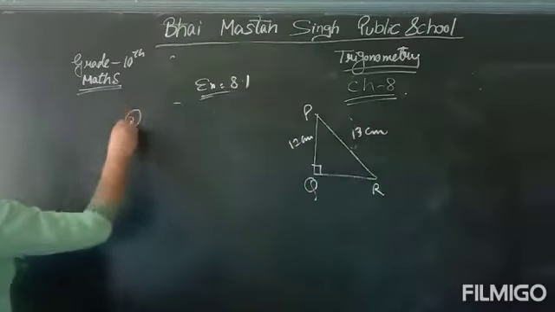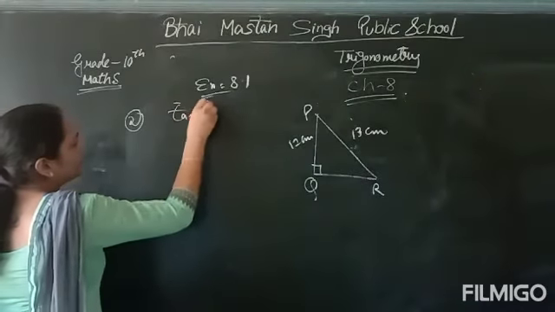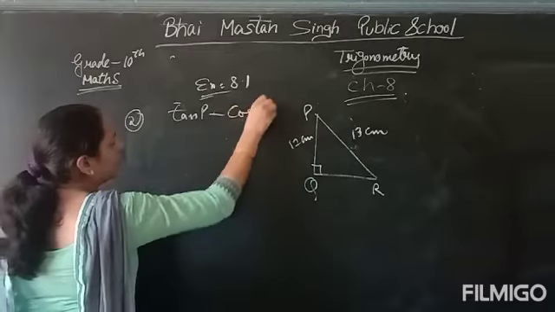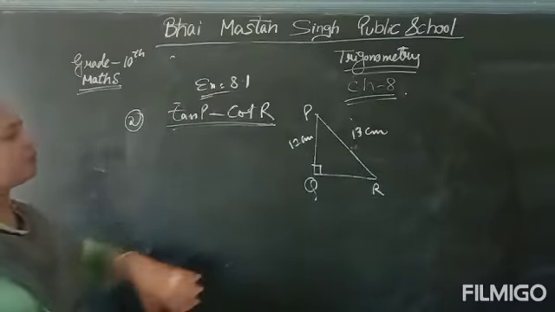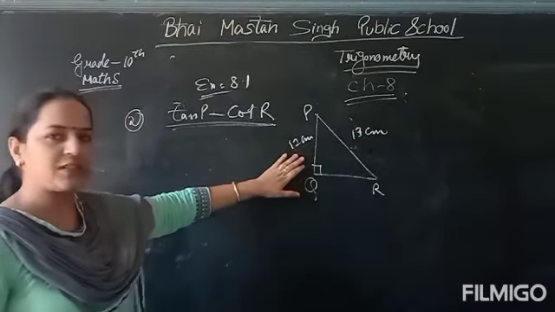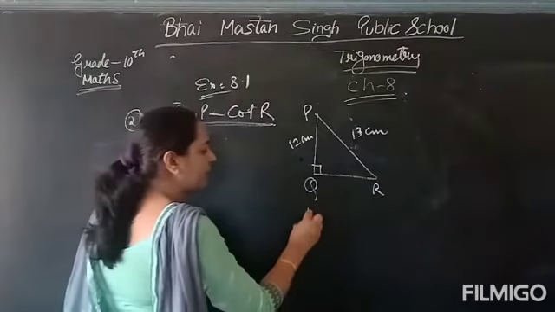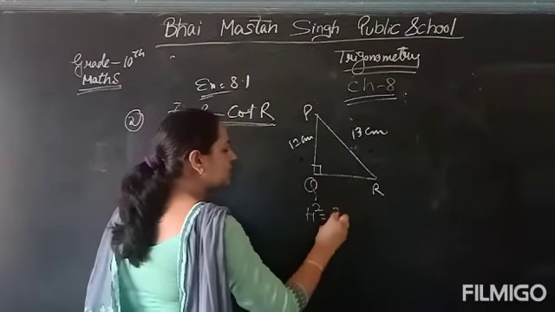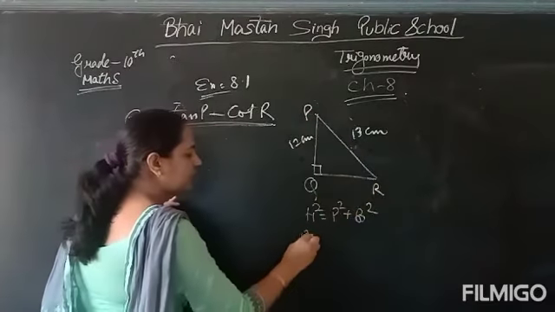In the second question, we have to find tan P minus cot R. I have to find the value of this. But from the diagram I don't know H. This one side I know, but this one side I don't know. So how will I find it? I will apply Pythagoras. H square is equal to P square plus B square. Now H I know, that is 13 square.